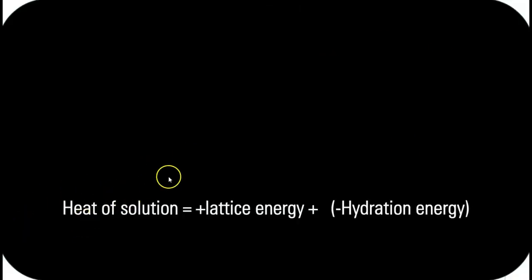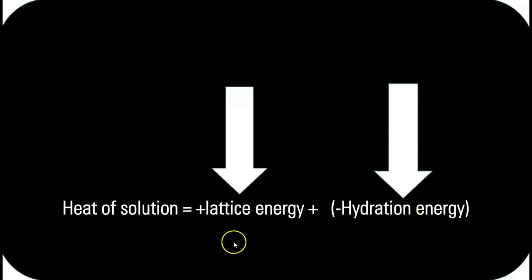Okay, one thing more. You need to understand this formula as well: heat of solution depends on lattice energy and hydration energy, and you already know both decrease down the group as the size increases, because both depend on size and magnitude of charge. So in the case of sulfates, both lattice energy and hydration energy decrease down the group.